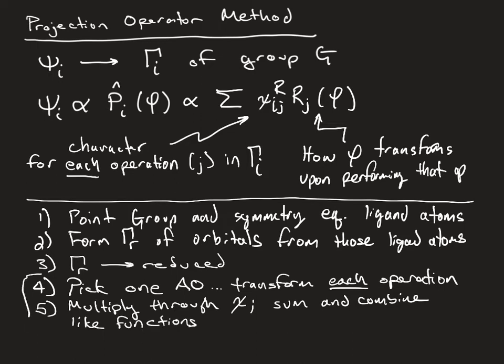Steps 4 and 5 correspond to performing that projection operation for that given representation. And then finally, 6, we're going to normalize the resulting wave function.